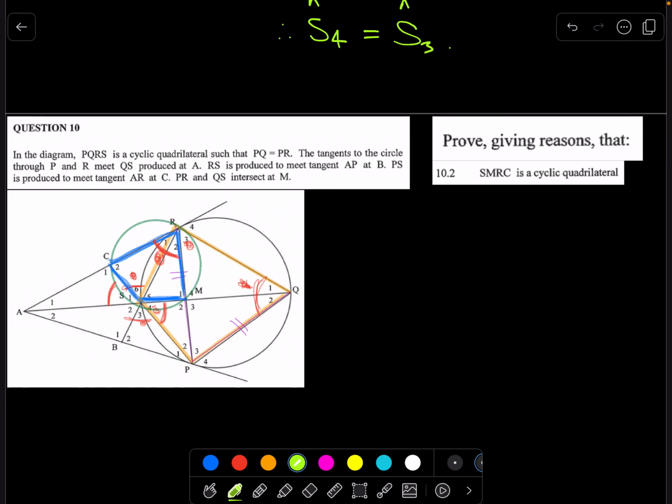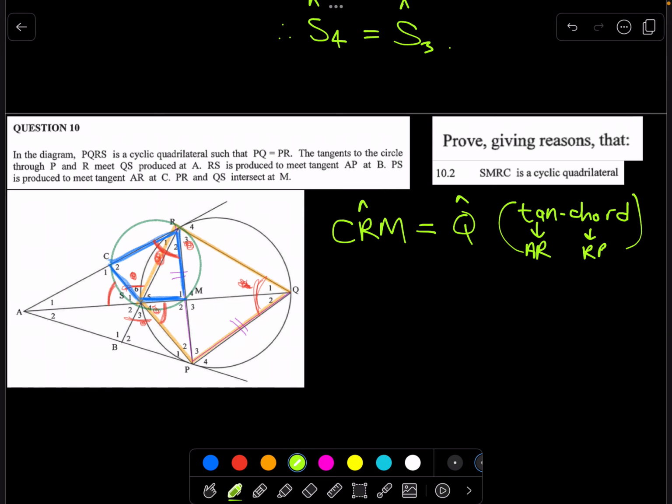So we'll say angle CRM is equal to angle Q because of the tangent chord, where the tangent is AR, and the chord is RP, which is this guy. Then we get that angle over there from that chord.